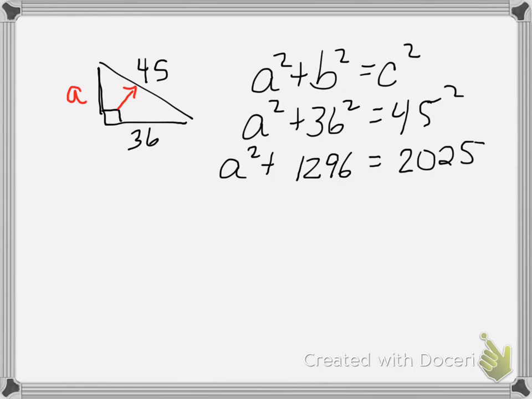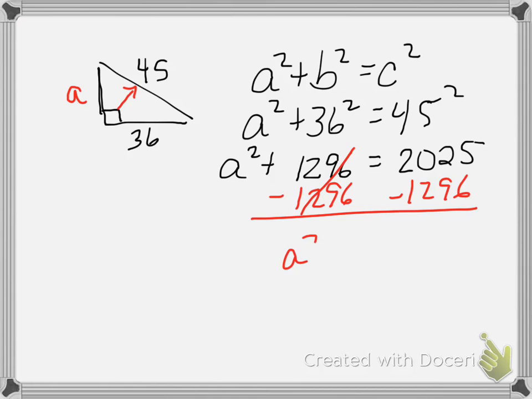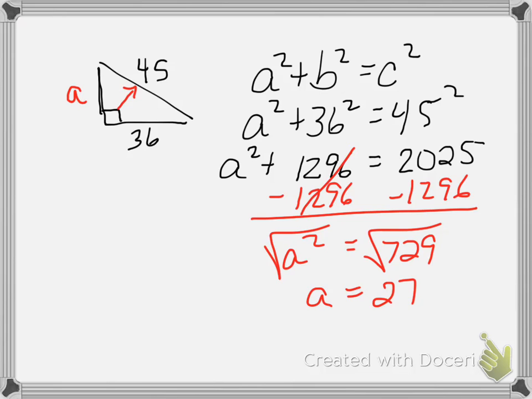So now I can use my inverse operations to isolate the A squared. And I get A squared equals 729. And then I can take the square root of that to get 27.